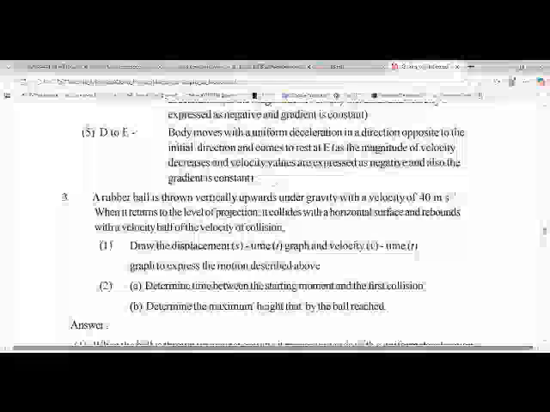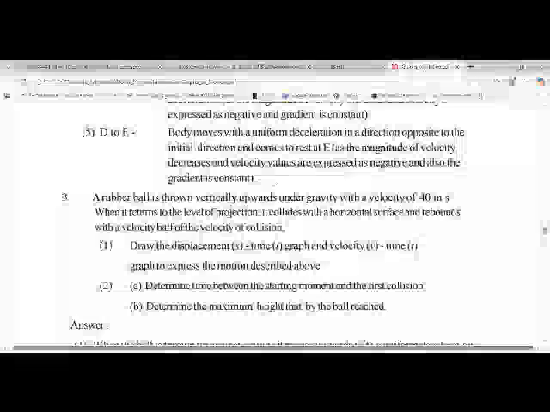Third question: a rubber ball is thrown vertically upward under gravity with a velocity of 40 m/s. When it returns to the level of projection, it collides with a horizontal surface and rebounds with a velocity half of the velocity of collision. Draw the displacement time graph and velocity time graph to express the motion described above.